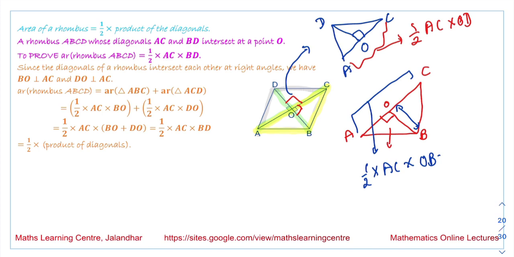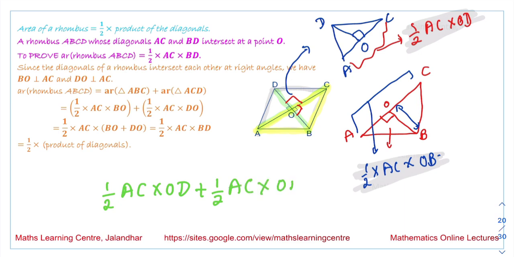This is the area of the upper triangle, this is the area of the lower triangle. So the total area is the sum of these two: 1 by 2 AC into OD plus 1 by 2 AC into OB. So we get 1 by 2 times AC common, and it is OD plus OB.